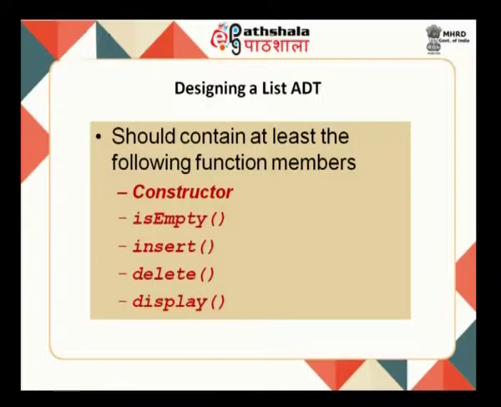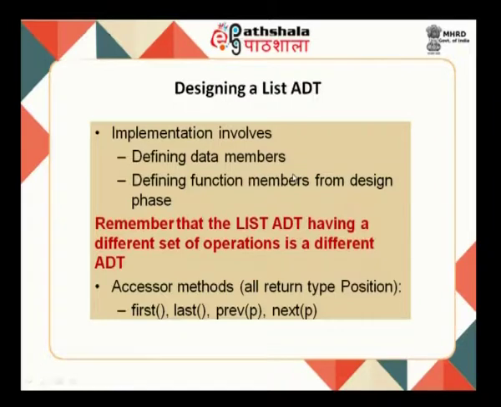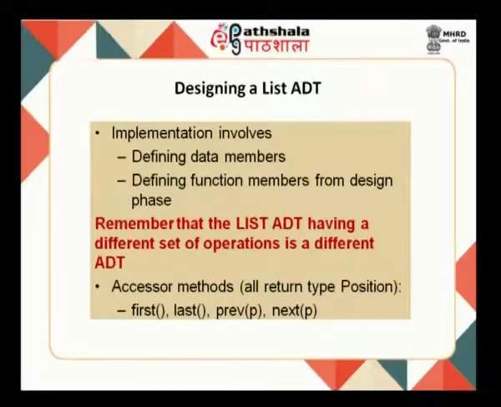But this we are talking about generally. So, it should at least have the following members: constructor, these are called constructor functions, is empty, insert, delete, display. Then implementation: what is the implementation of the list ADT involved? We are defining the data members and defining function members from the design phase. Remember that a list ADT having a different set of operations, as I already told you, is a different ADT.